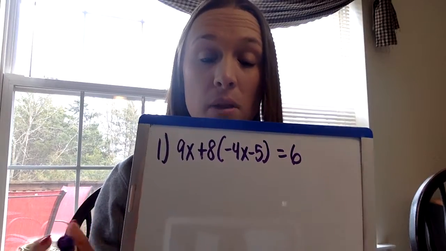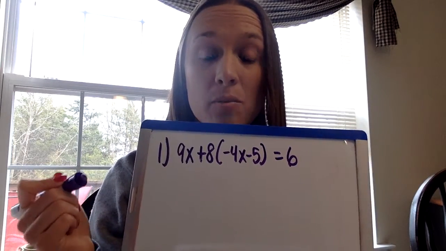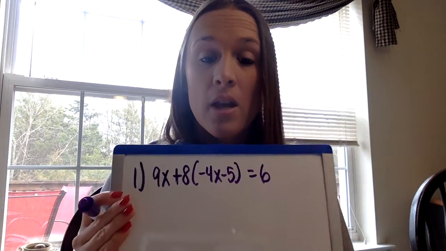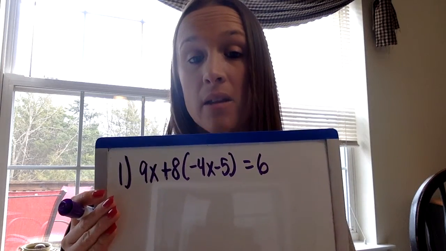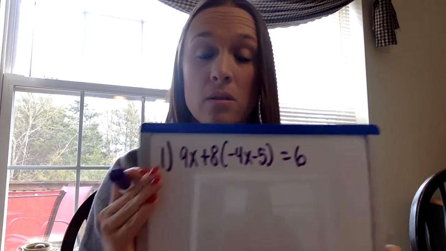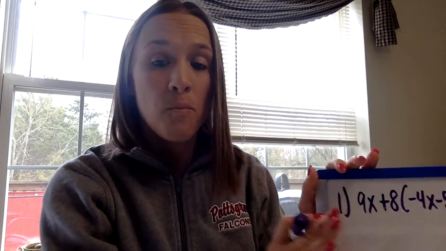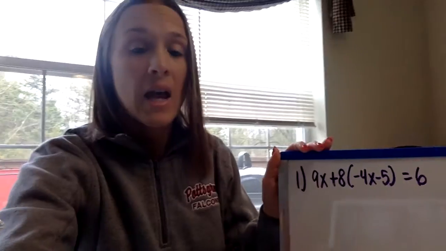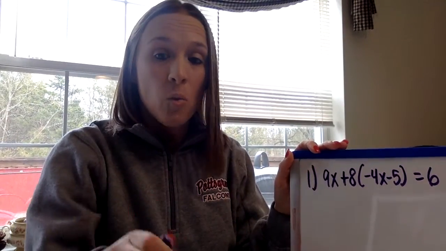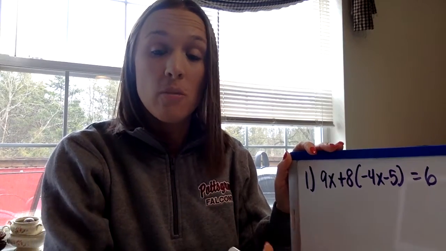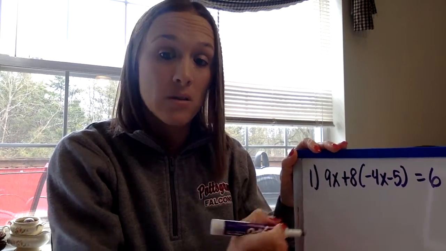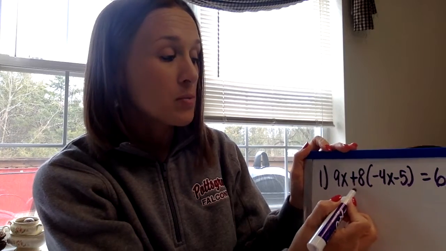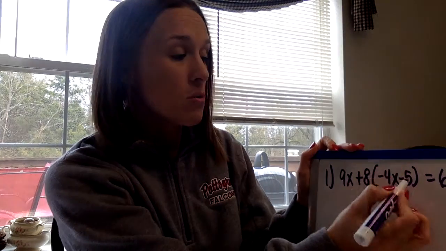So it says 9x plus 8 times negative 4x minus 5, and that equals 6, all right? So basically, what's going to happen here is we're going to do our distributive property first. So we're doing PEMDAS. So it says 9x plus 8. Well, 8 needs to be distributed inside here.